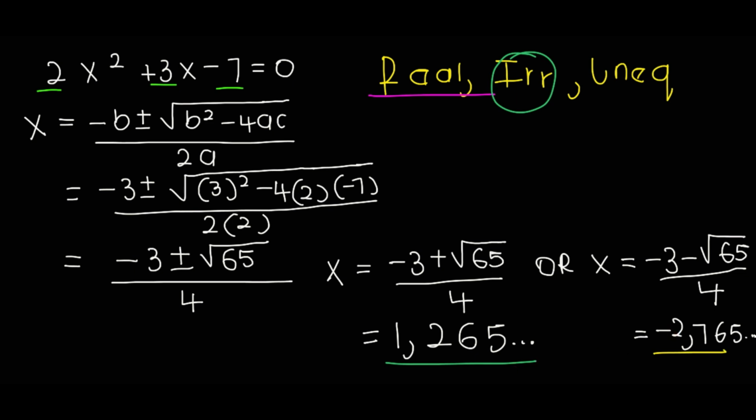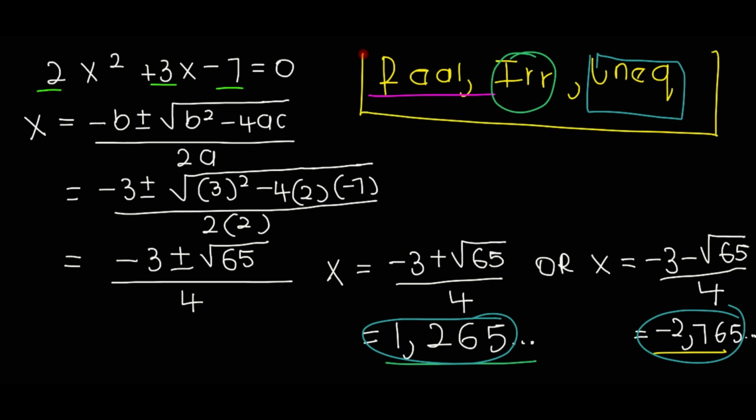And then the reason it's unequal is that 1.265 is not equal to negative 2.765. So this is the conclusion of the nature of the roots. What is important is that our discriminant, this part, gave us 65, which is a positive number.